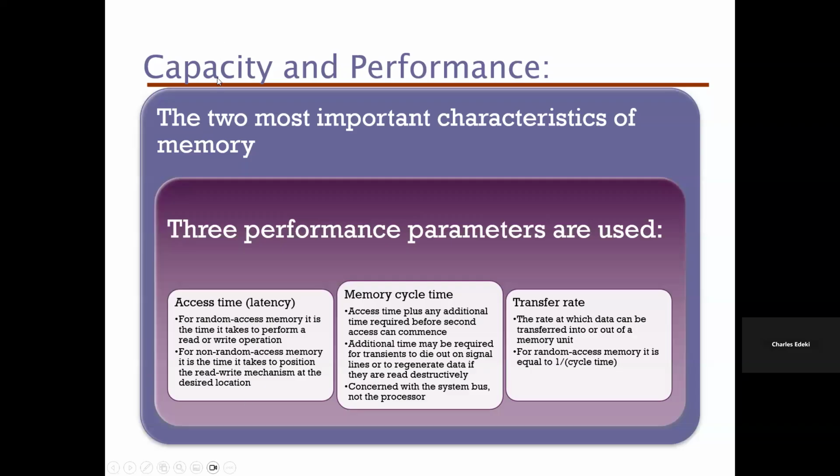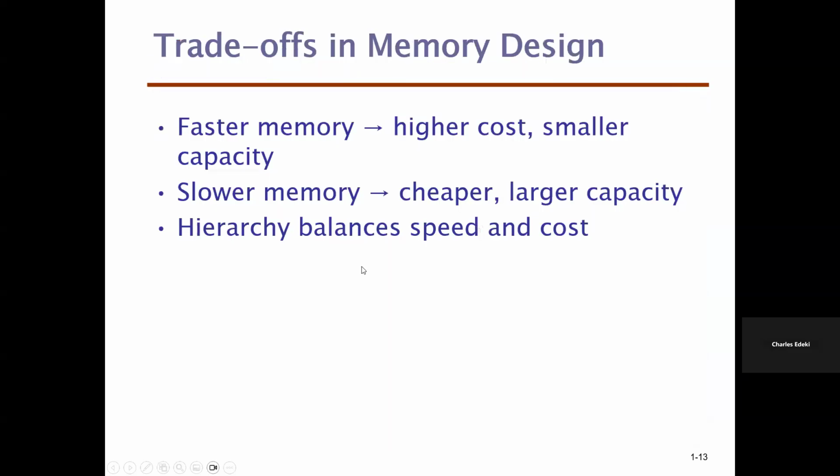So the main goal here, again, as we said, the two most important characteristics of memory are the capacity and performance. And the performance means the access time or latency, or the memory cycle time, or the transfer rate, the bandwidth. As we mentioned earlier, we are repeating from the pyramid.